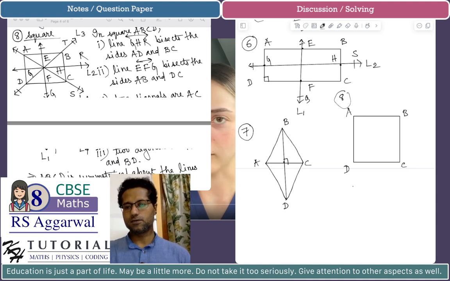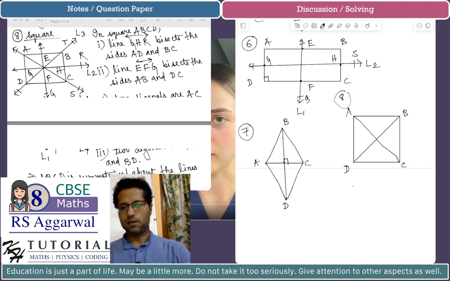The two diagonals are lines of symmetry. We know that in a square, all the 4 sides are equal, and all the corner angles are 90 degrees. So the two diagonals AC and BD are lines of symmetry.